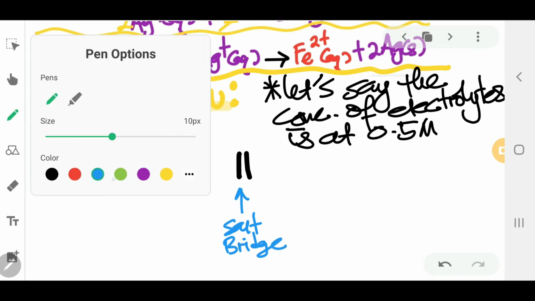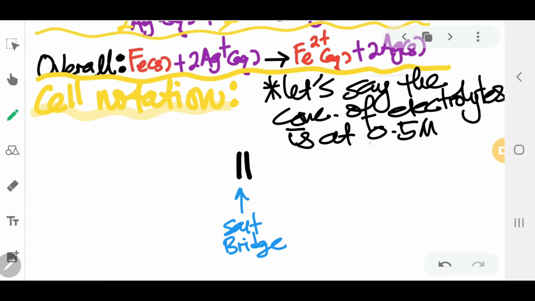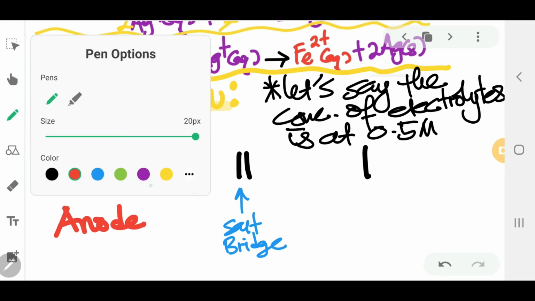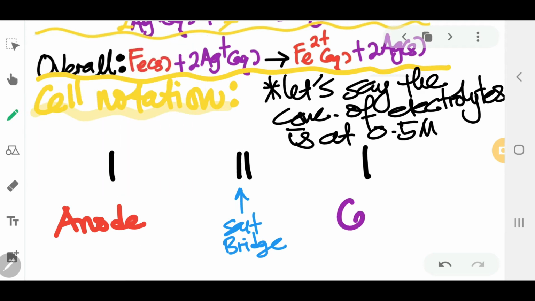And then we're going to put another phase boundary right there, and another one right here. Okay, and as usual, this part will be your anode, and this part over here will be your cathode.